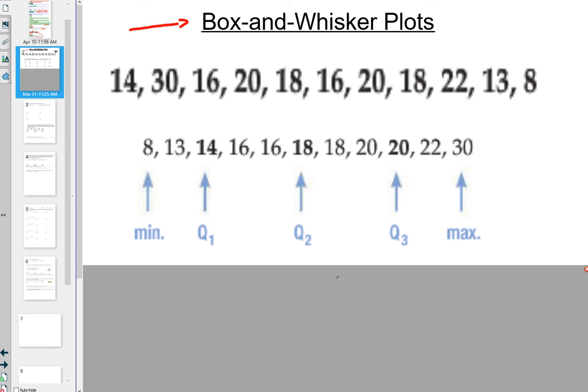But before you can do a box and whisker plot, you need to see if any of these numbers are considered outliers. If I'm trying to figure out what type of basketball player Nakai is, I've got to figure out, on that high end and the low end, when he scored 30, was that just because maybe he was playing against such a bad team that it was way out of control? Like, I should never really expect him to score 30 again.